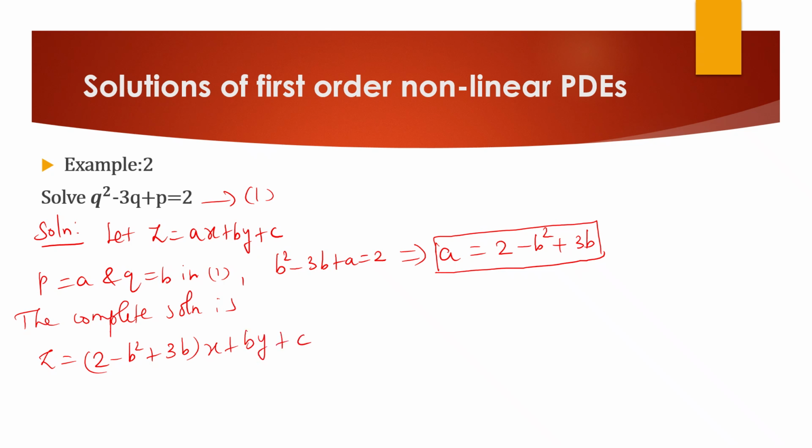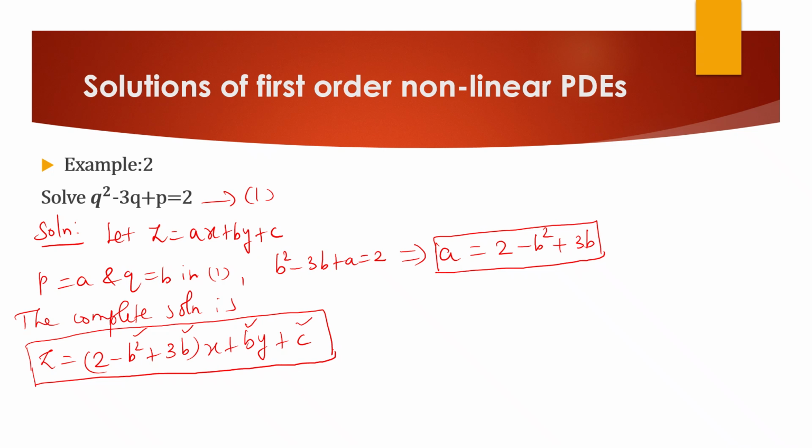So this solution involves only two arbitrary constants, b and c. So now the solution is complete, because the number of independent variables are x and y, so we have two independent variables as well as two arbitrary constants here, that are b and c. So we can say the solution is complete now.